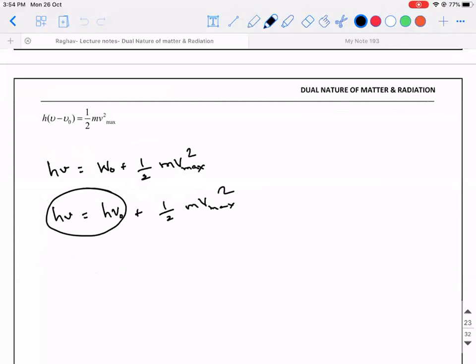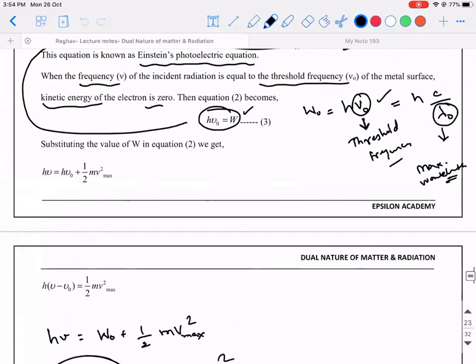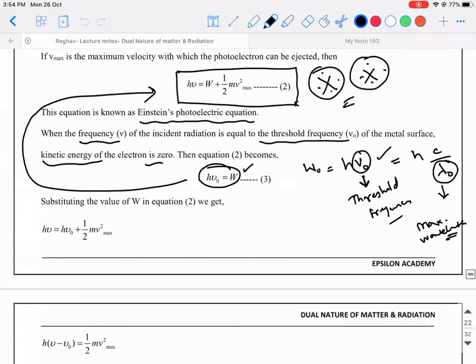Sir, can you show the previous page? Yes, sir. Thank you.